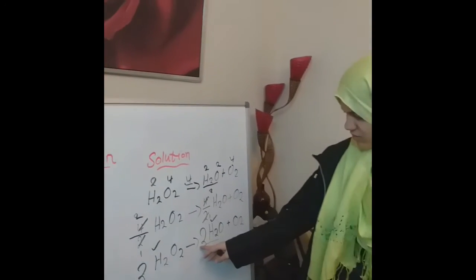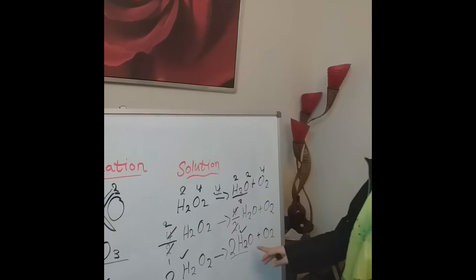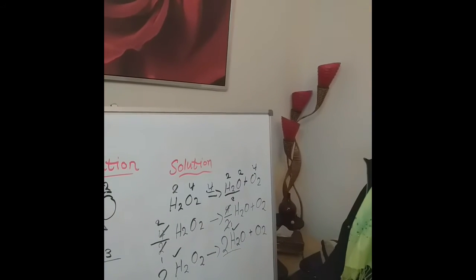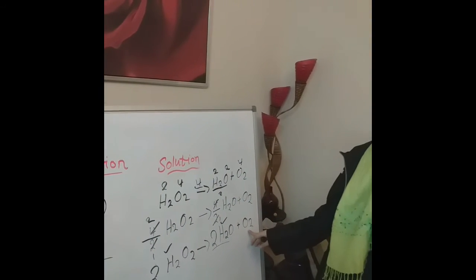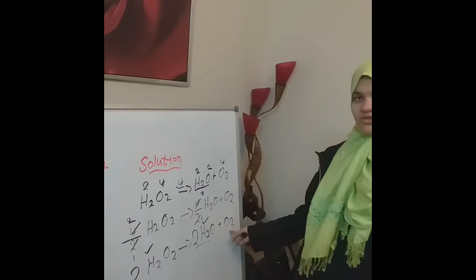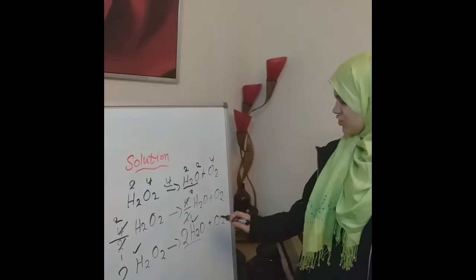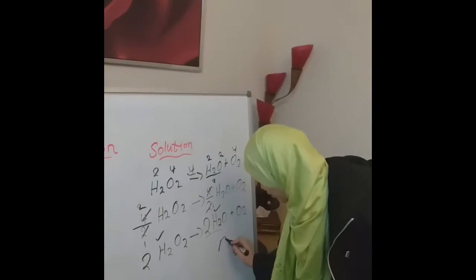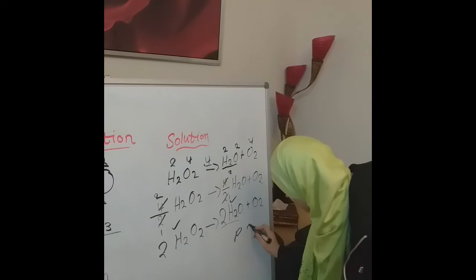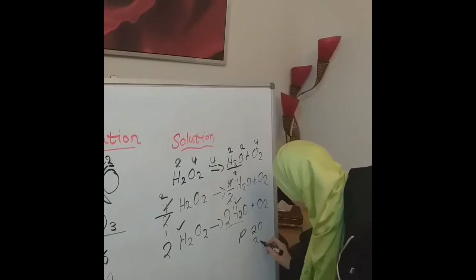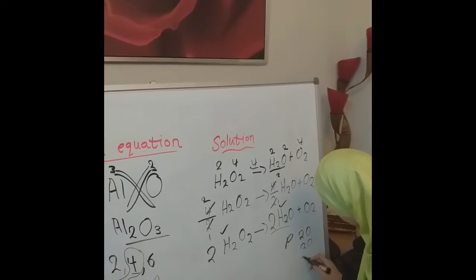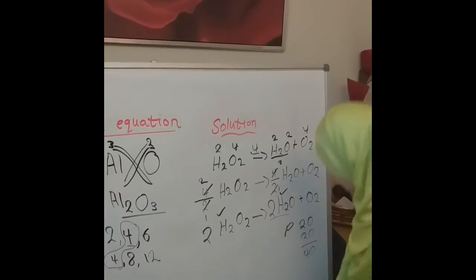That means 2 atoms of oxygen, and here also there are 2 atoms of oxygen. So in the products we have 2 oxygen and 2 oxygen; after we add, it will be 4 oxygen.